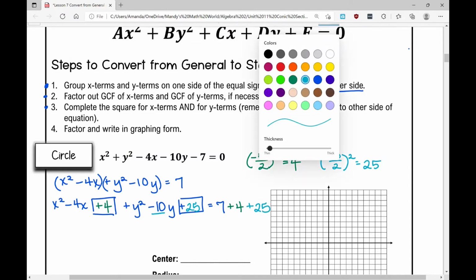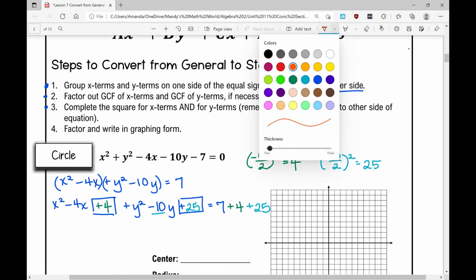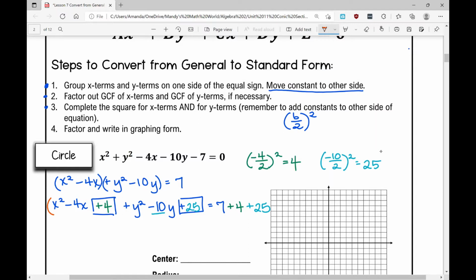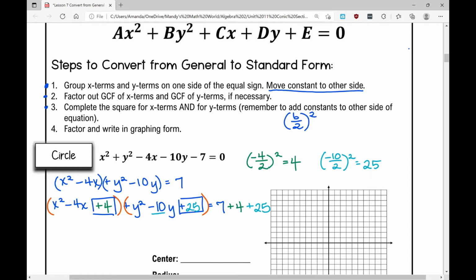Now what I have done here is I've created this perfect square trinomial here and this perfect square trinomial here, and I can factor each into a binomial squared. This x trinomial factors into x minus 2 squared, right? Negative 2 times negative 2 is positive 4.